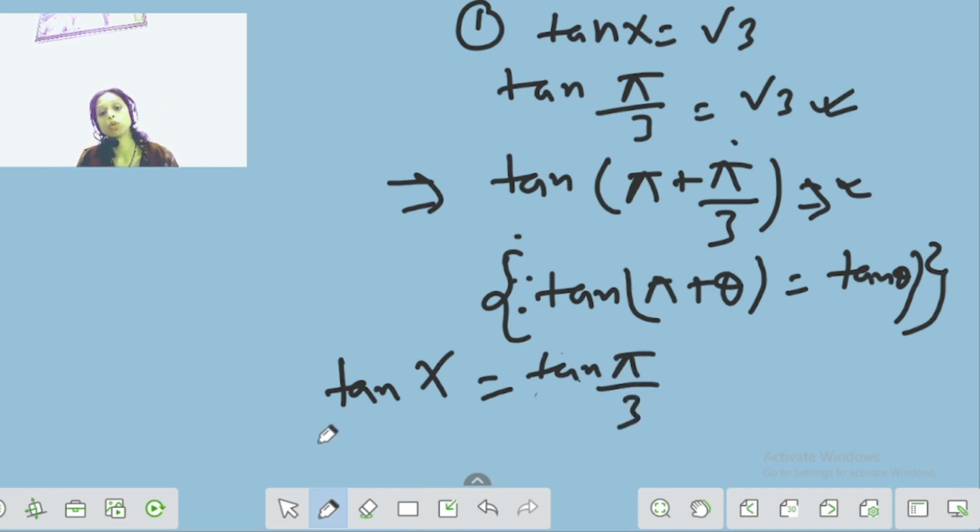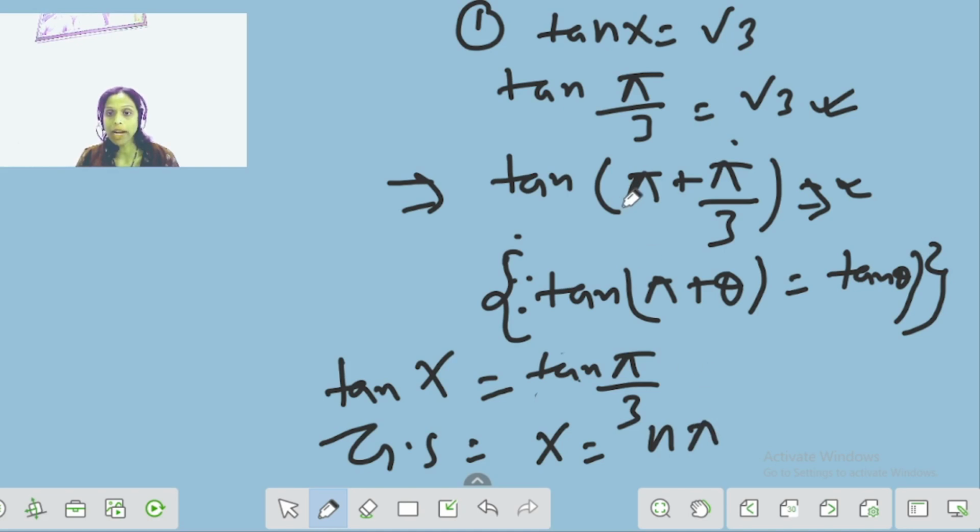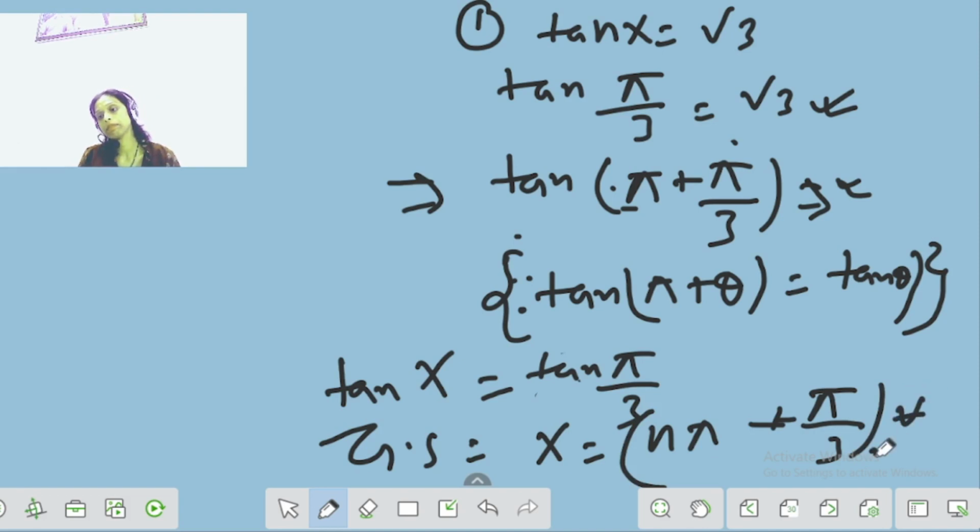Now you have to find the general solution. What will you do? x will be n pi, like this. For a general way, adding n, x is n pi plus pi by 3 for all n belongs to integers. Then this is the general solution of this question.